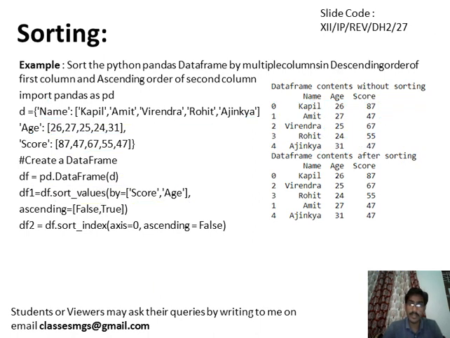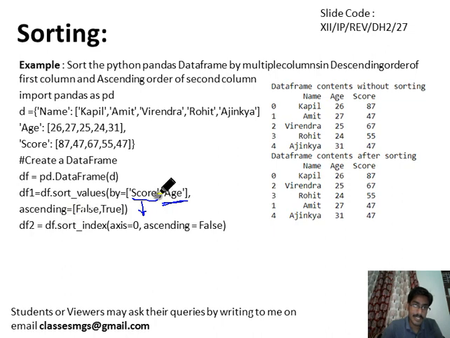If we apply multiple column sorting, first sorting will happen by score, and then if there is a common value, the same value for score, only then age column sorting will apply.